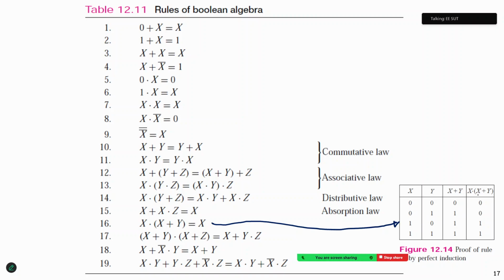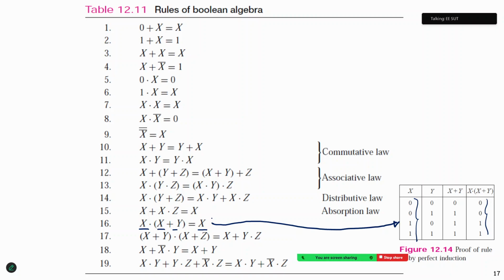And if we AND with x, 0 and 0, we get 0. 0 and 1, we get 0. 1 and 1, we get 1. 1 and 1, we get 1. See, the output is equal to x. Therefore, x and (x or y) will equal x. So this is true.